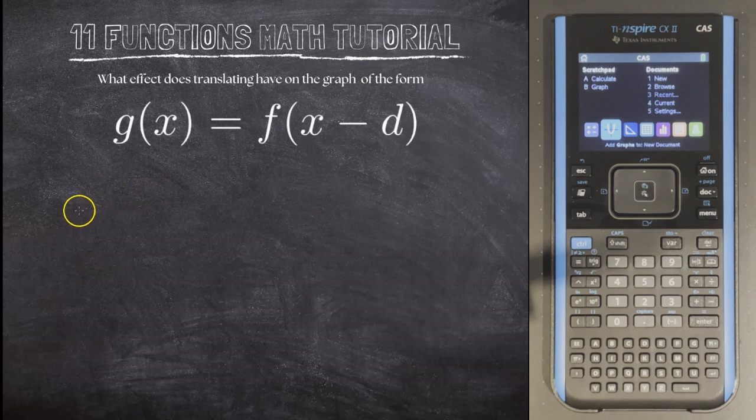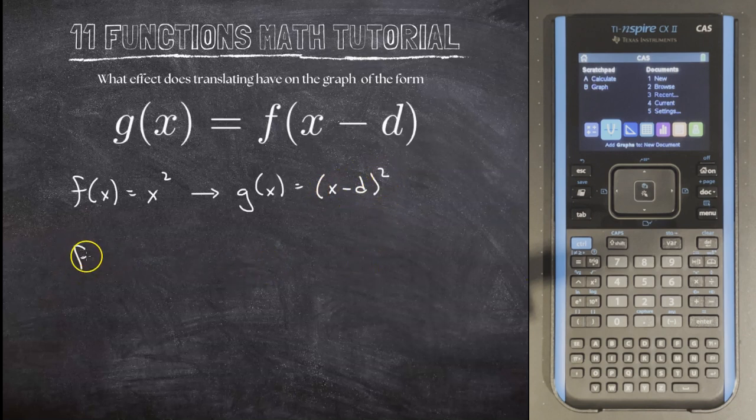We'll do the same scenario, but in this case, if f of x is going to be x squared, we are not going to simply add a term here. When we translate it, g of x is going to be x minus some value d, squared.